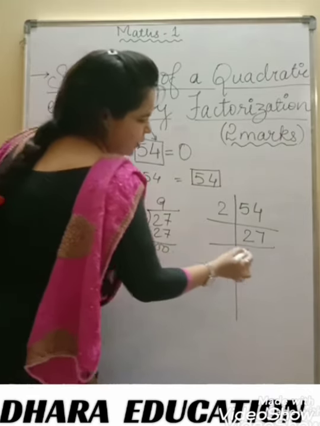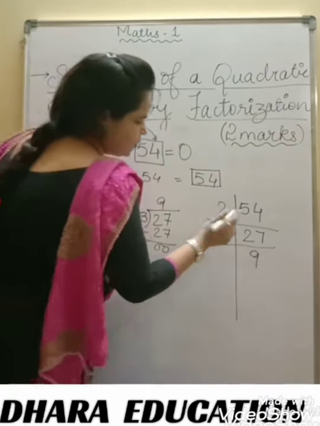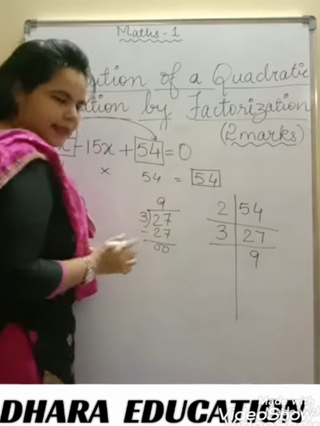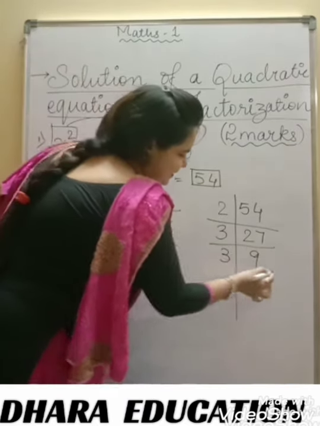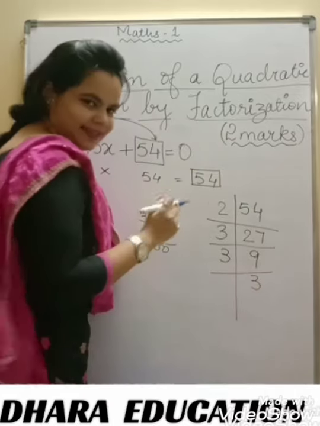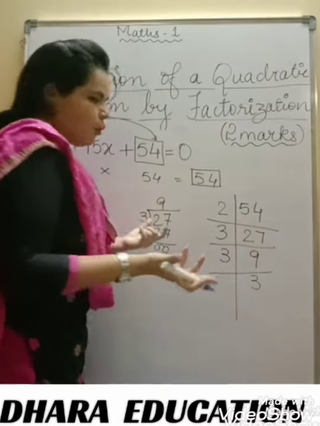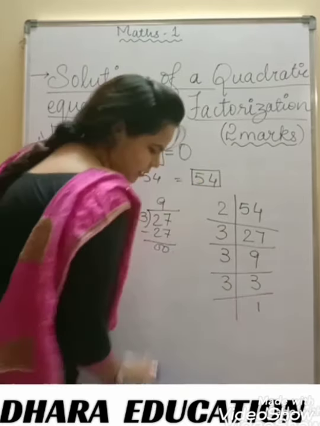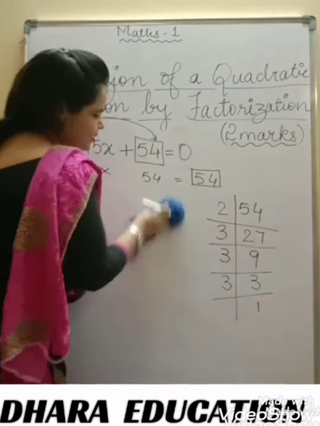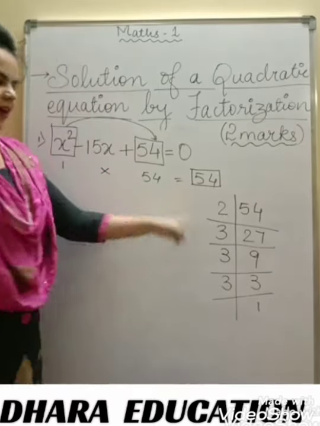So 9 we will write here and 3 we will write here. Then 9, no need of calculating. 3 3s are 9, and 3 of course comes in the table 3, that is 3 ones are 3. So this is actually our factorization.